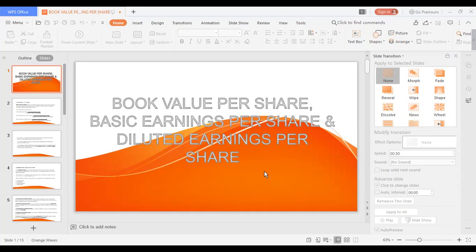Now, those are the objectives in the study of book value per share.